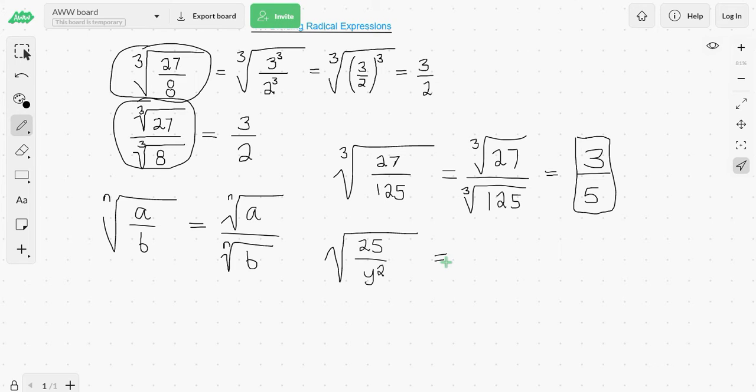We don't have to worry about negatives or plus or minus signs or absolute value. We just take the square root of the top and the square root of the bottom. The square root of 25 is 5. The square root of y squared we'll just say is y. We don't say the absolute value of y in this case. We'll just assume y is positive.